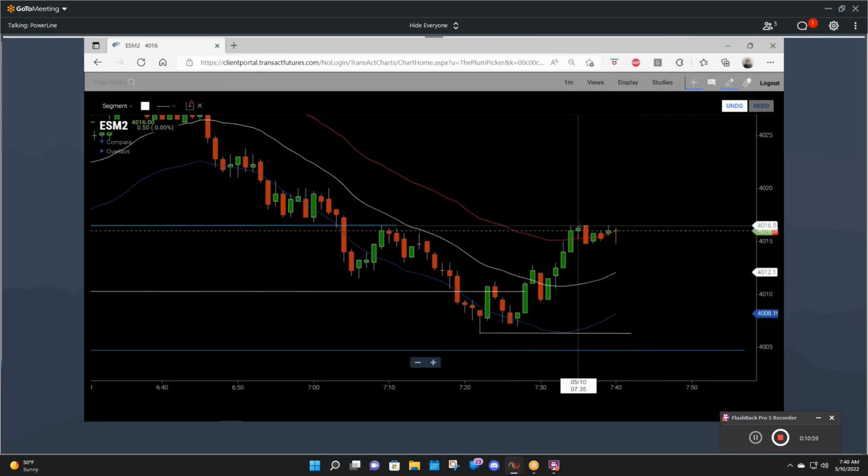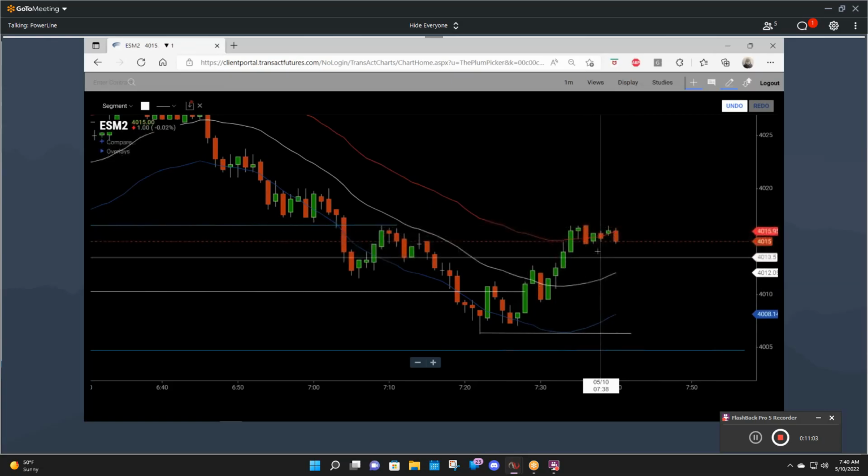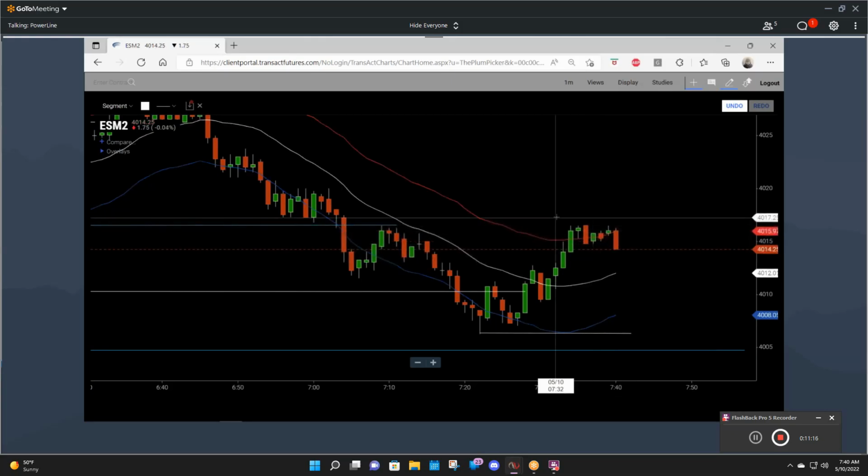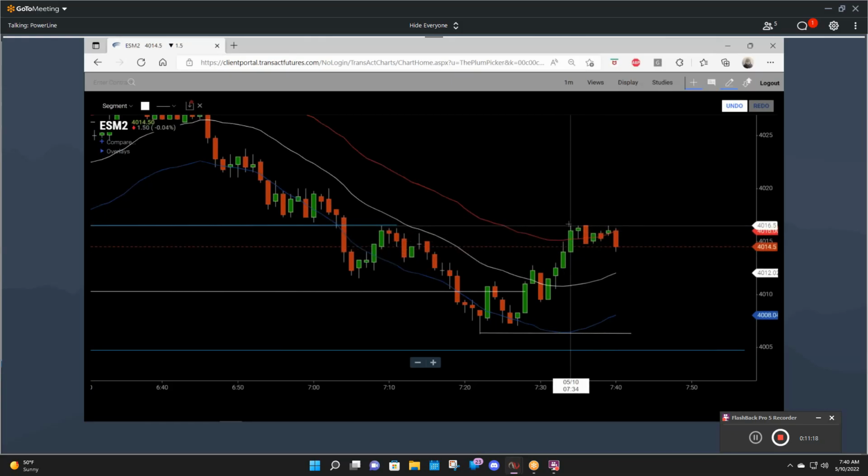Then we need a bar, which is right there. Then we need a bar that's going to be lower on the high and lower on the low. Well, we don't have the lower on the low yet. But we do now. So we have our hawk.